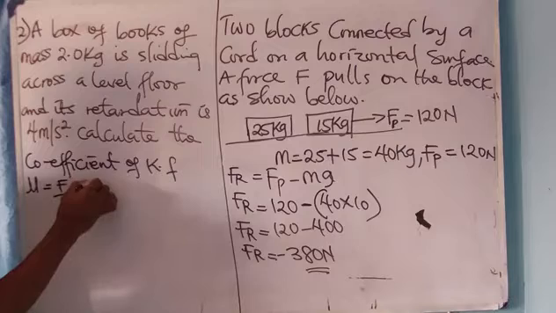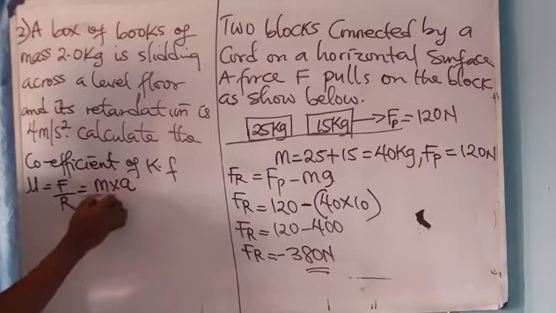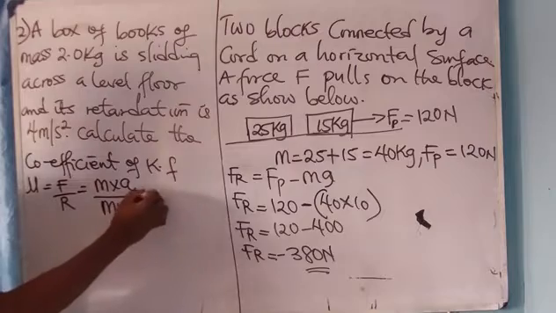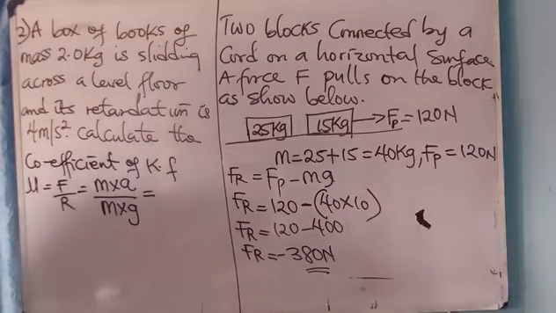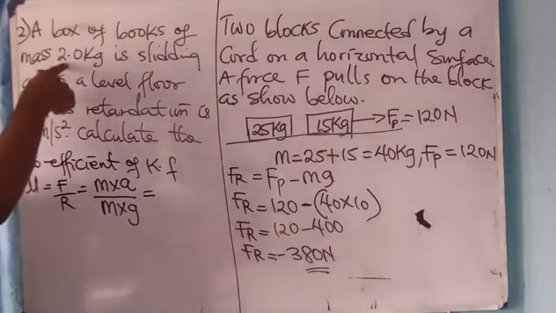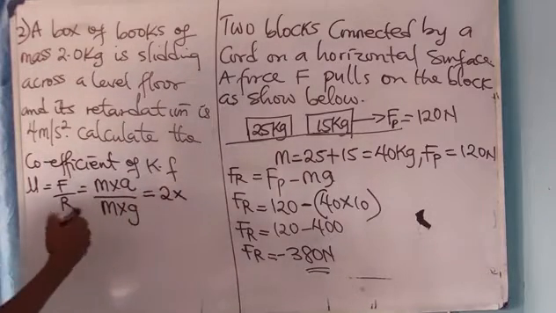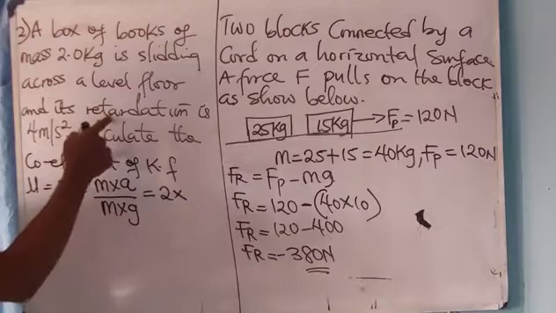But F is mass times acceleration, then arrow is mass times gravity. The mass from the question is 2, then the retardation, which is the acceleration, is 4.